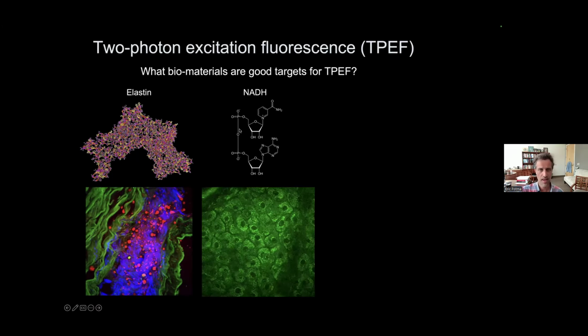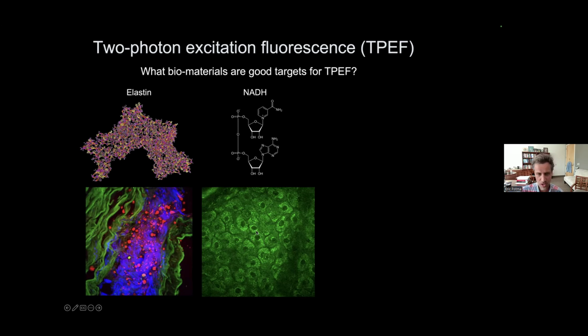It has a pretty good fluorescent yield, and therefore you can use two-photon excited fluorescence to see it surprisingly efficiently. NADH is, of course, a much smaller metabolite. It's not a protein, but it is actually a pretty good molecule to address through two-photon excitation, and it allows you to see individual cells. You can do also metabolic studies with it, of course, but in tissue imaging, it is beautiful because most cells produce NADH in pretty large quantities, which allows you to see the interior of cells.